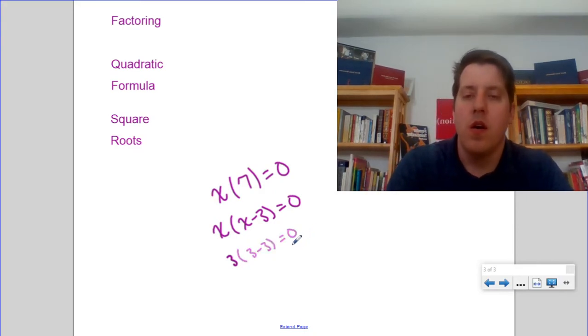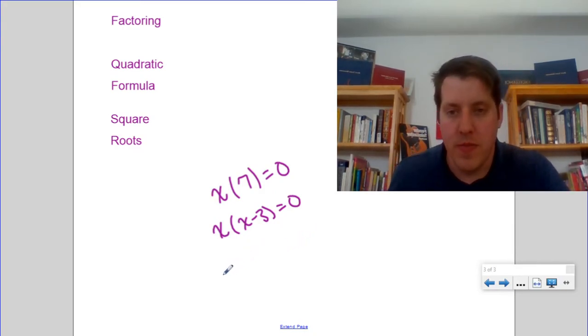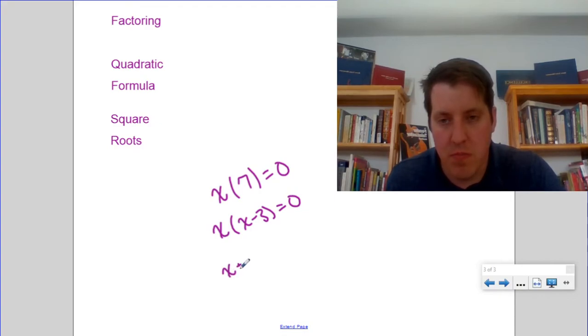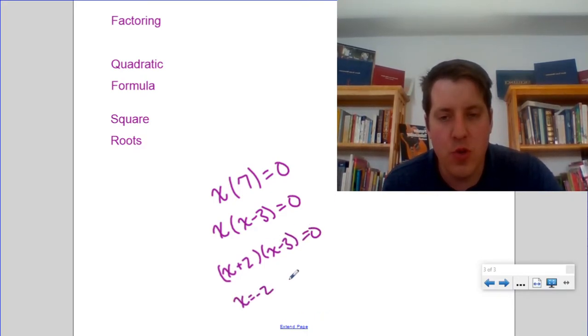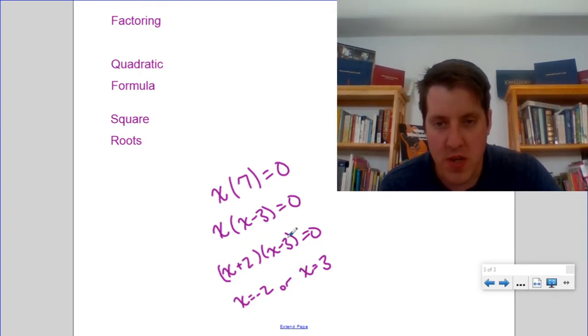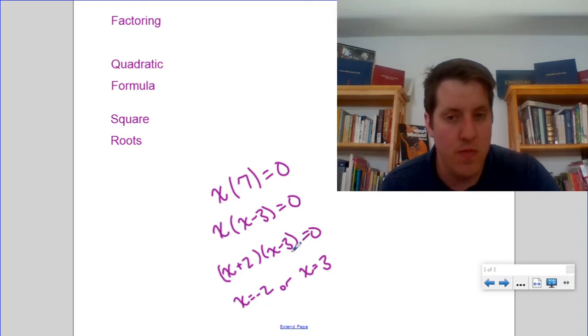Finally, if I say x plus 2 times x minus 3 equals 0, x could be negative 2, or x could be positive 3. Negative 2, because if you plug that in here and here, you get 0 times negative 5, and that does equal 0.